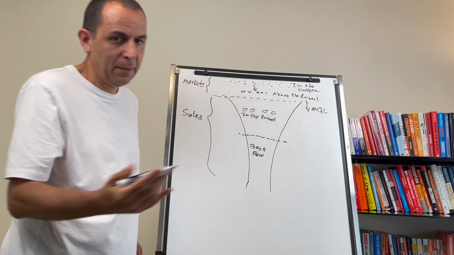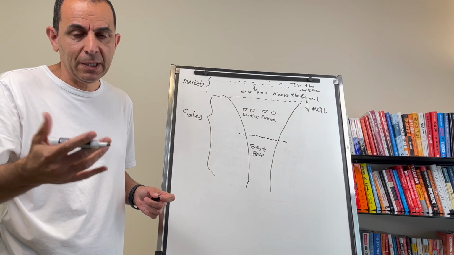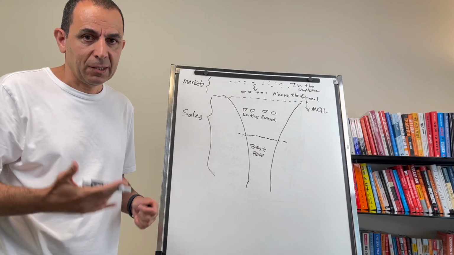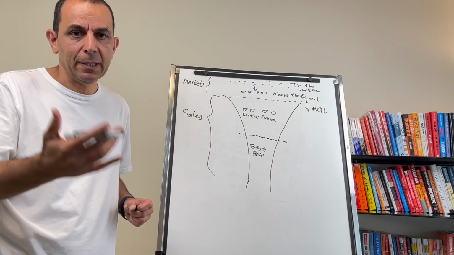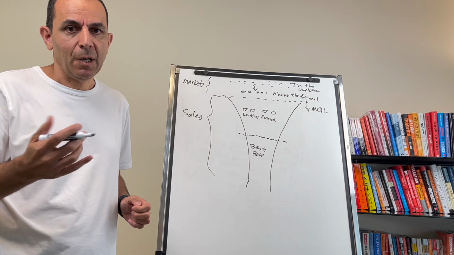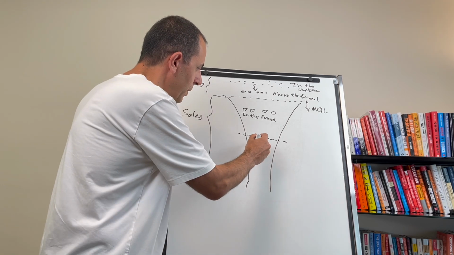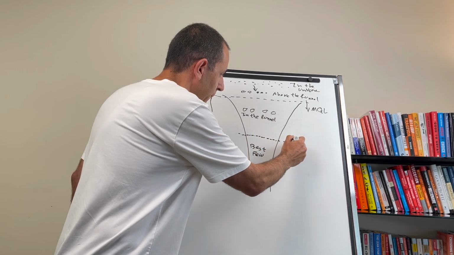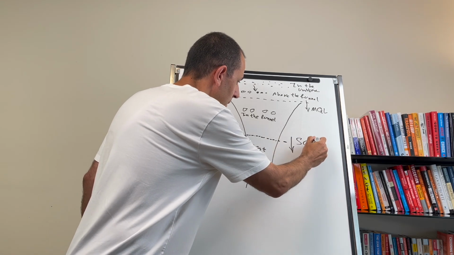And by the way, I am taking this terminology from the Miller-Heiman complex sales process. For those who want to learn more about it, there is a great resource out there on the Miller-Heiman complex sales process. So the best few are the ones that pass through the sales qualified lead, or SQL.